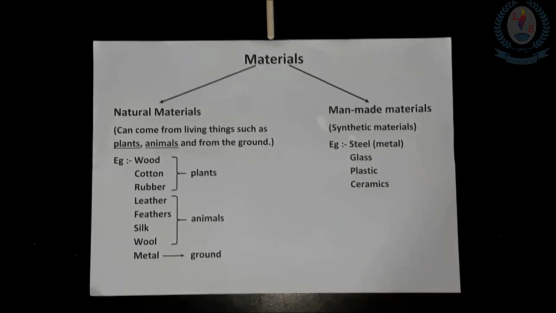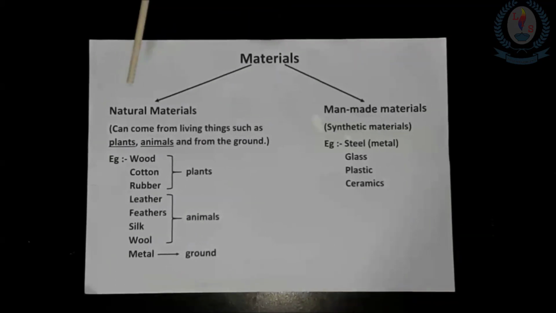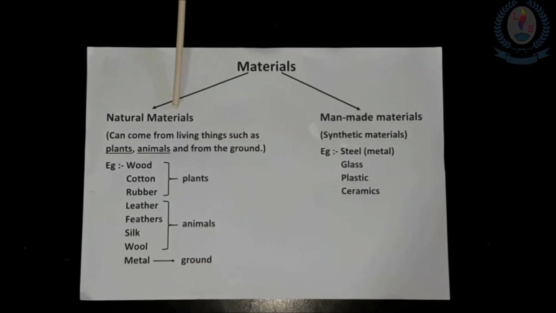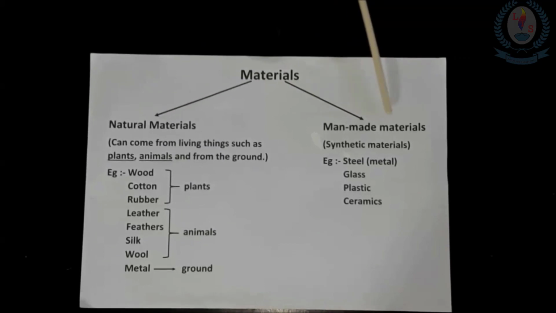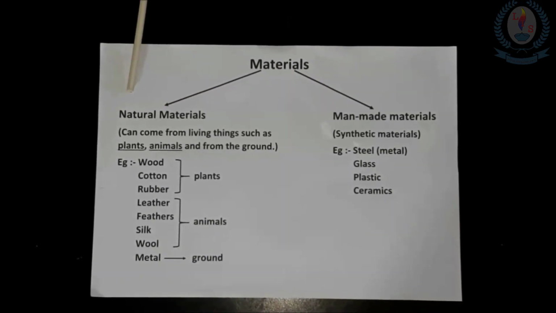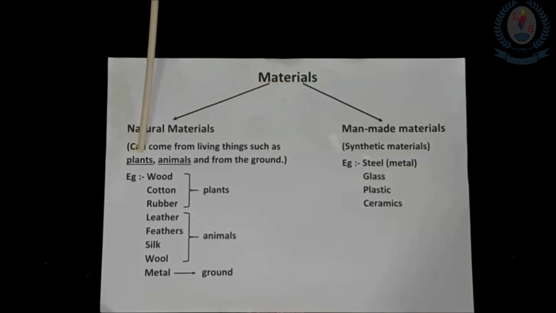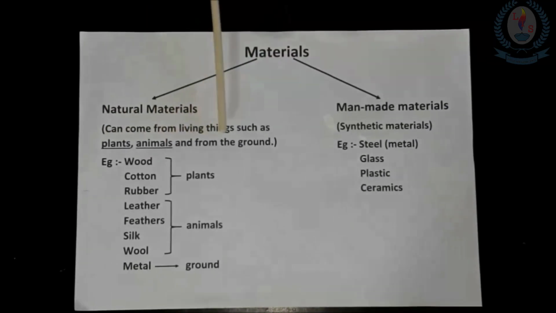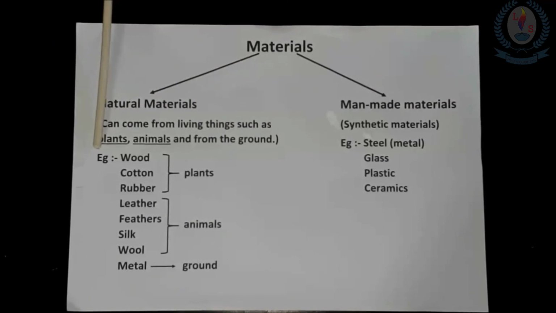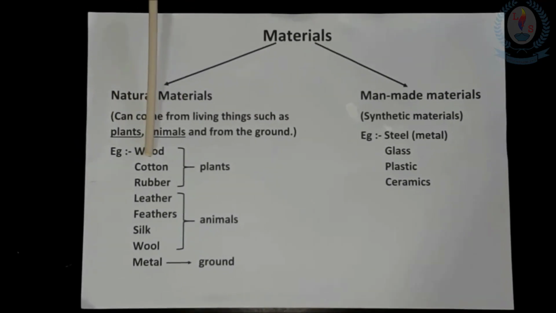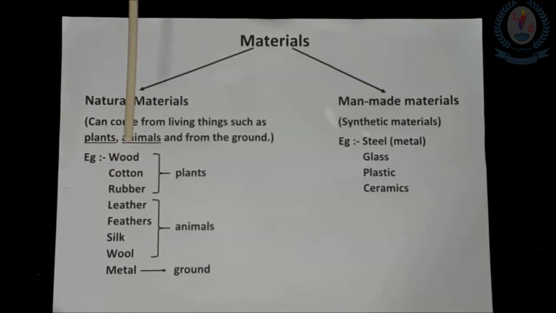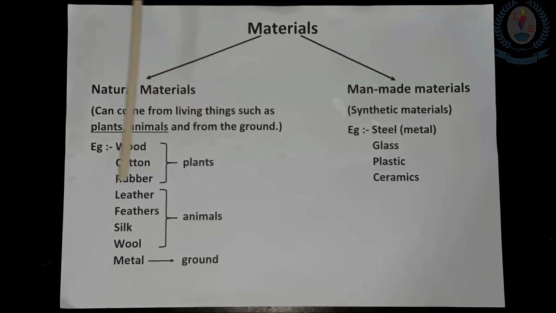Materials can be grouped under two categories: natural materials and man-made materials. Natural materials can come from living things such as plants, animals and from the ground. Examples: wood, cotton, rubber are taken from plants.